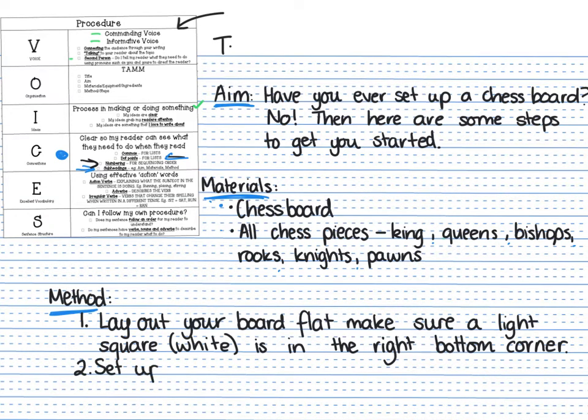Set up pawns on the second row. This row is called the... won't let me write there.